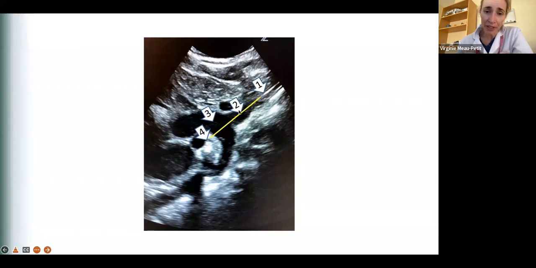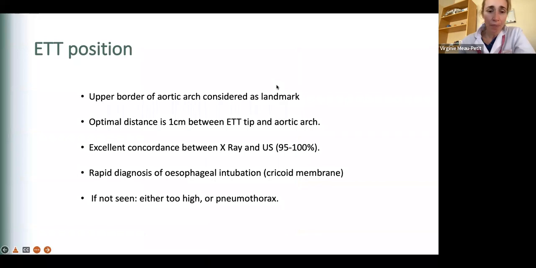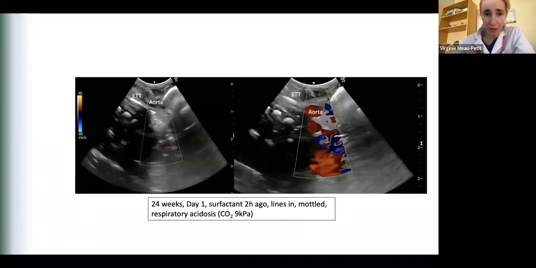They measured this distance here, which was 1 centimeter, and this total distance will give you the distance to the carina. So across ages, the safe distance is 1 centimeter with an excellent concordance. And if you can't see it, it's either because it's too high or because of a pneumothorax.